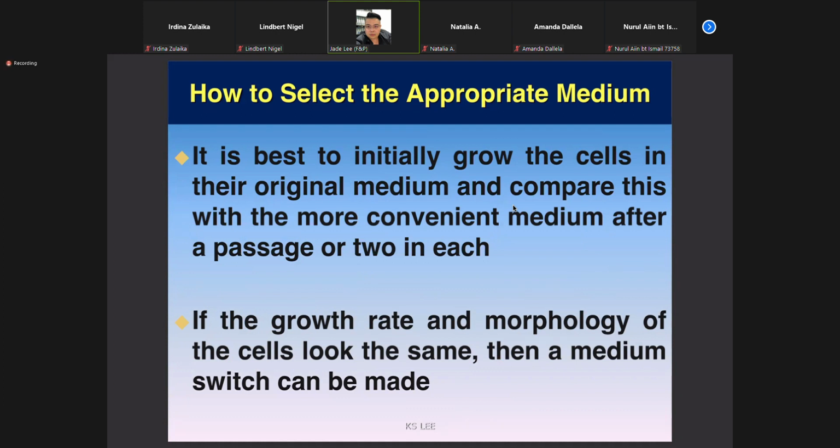If the growth rate and morphology of the cell look the same, then a medium switch can be done. If you have the original medium and you try to adjust it so that the morphology of the cell will look alike, then you can switch your media to the one that you adjusted.